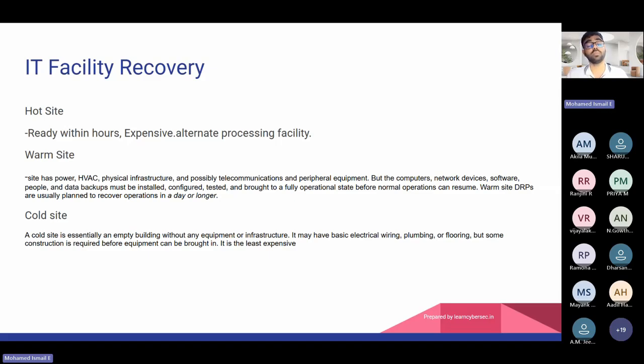So a warm site is an empty building which has maybe the basic amenities like power, HVAC, cooling system, physical infrastructure like tables and chairs, possibly telecommunication, mobile phones, or whatever communication equipment, but they don't have computers, they don't have data, and they don't have people to operate the site quickly.